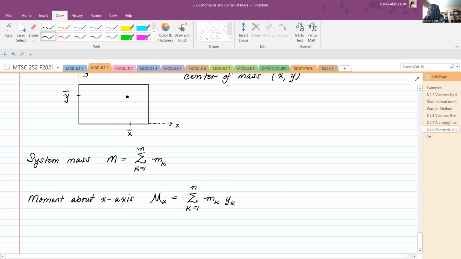So the distance that any particular mass, this mass right here, mk, well, this is its distance away from the x-axis, and its desire to rotate about the x-axis is dependent on its distance from the x-axis. Okay, we are out of time, so I will pick up here tomorrow.